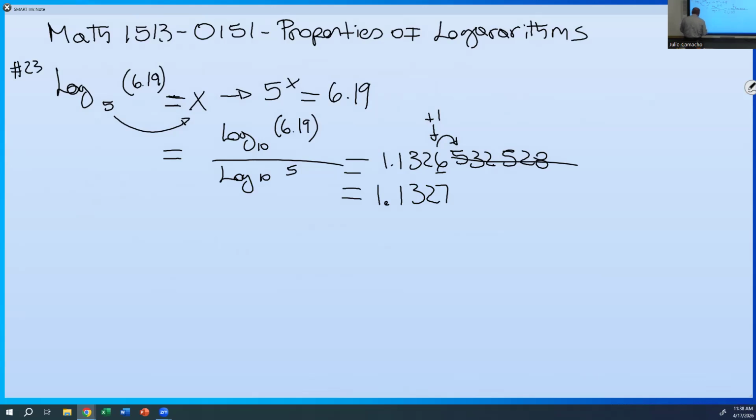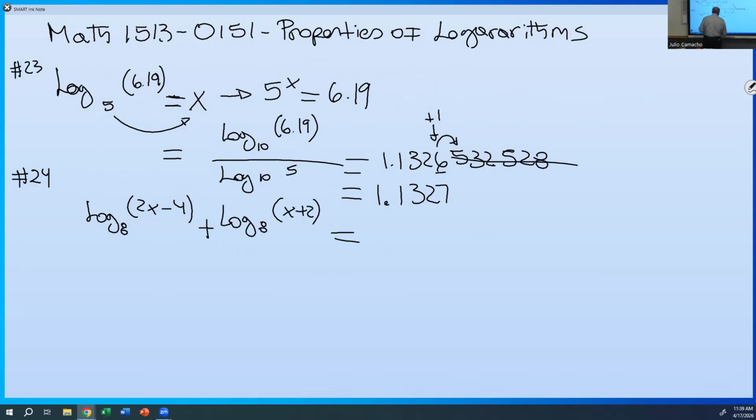So let's go to example 24. In example 24, we are using another property. You have the log base 8 of 2x minus 4 plus the log base 8 of x plus 2.